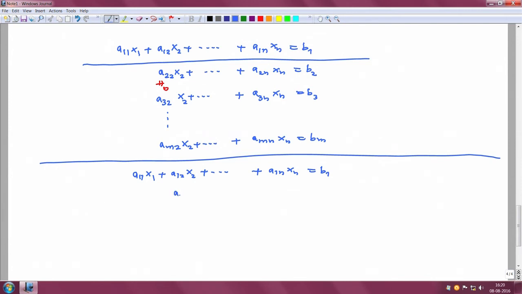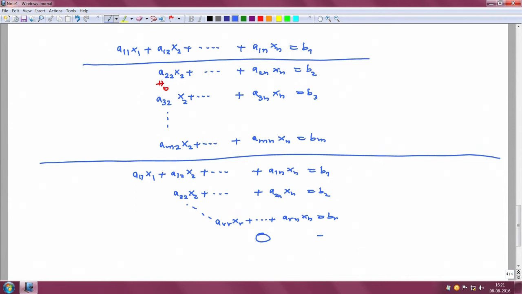Then I will get a22 x2 plus a2n xn equal to b2. It will go on for some time. Arr xr plus arn xn equal to br, and then I don't have any more non-zero coefficient to choose with. So below that, this side will be 0, and of course these b's are also changing.